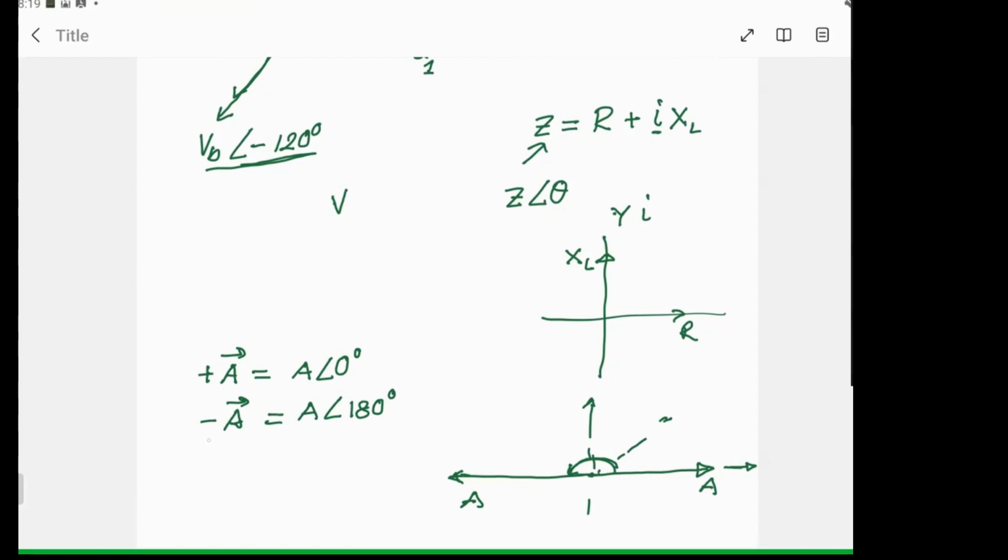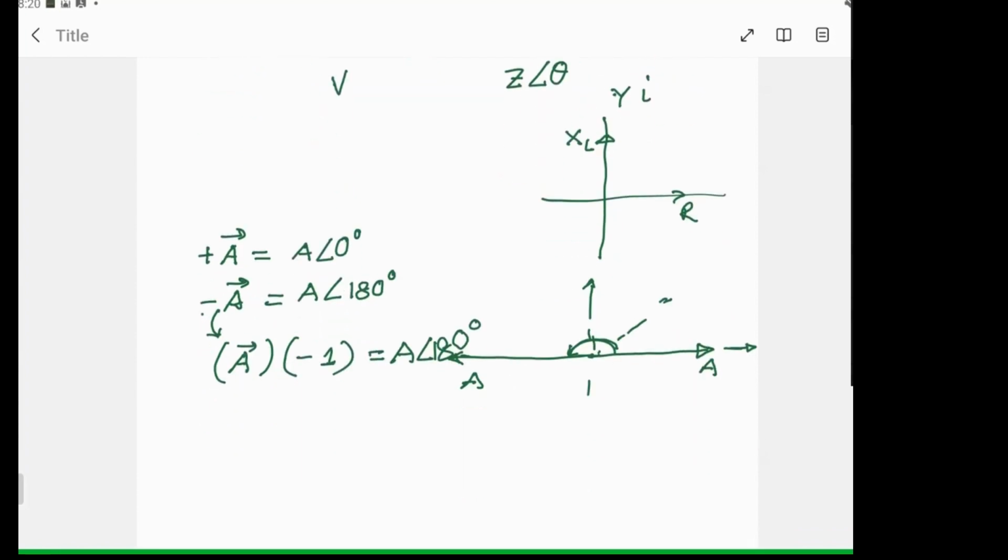Now, this negative vector, I can consider this one is multiplied by -1. So this negative vector that we have written here is actually multiplied by -1, right? So this is same as this one.